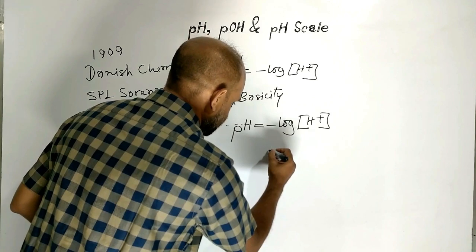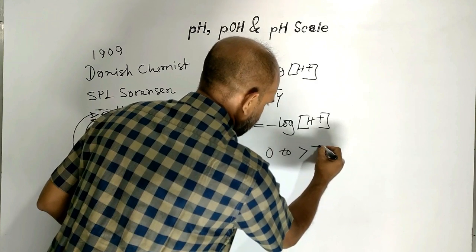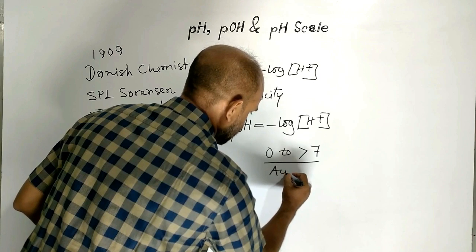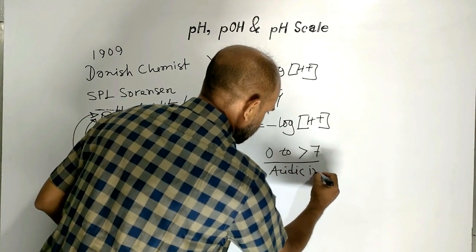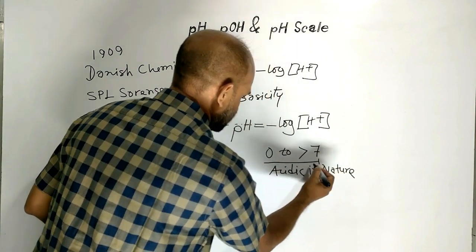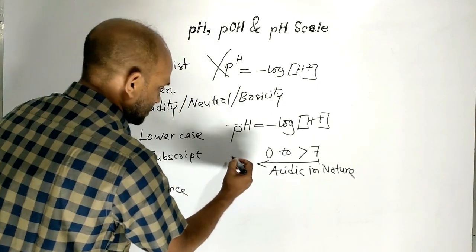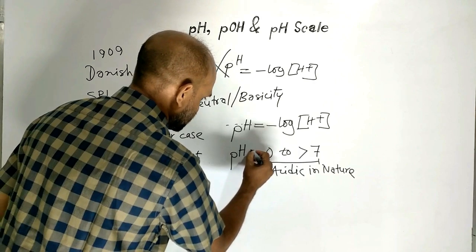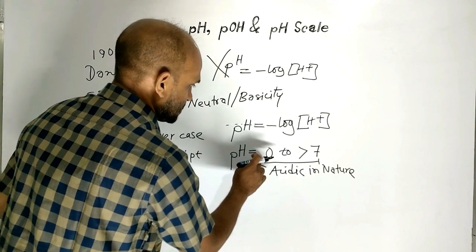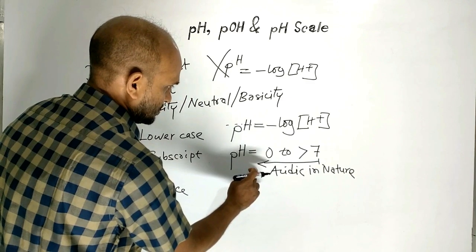When pH value is 0 to less than 7, then the solution will be acidic in nature. And its acidity increases towards 0. When pH values decrease from less than 7 to 0, then acidity of that substance increases.